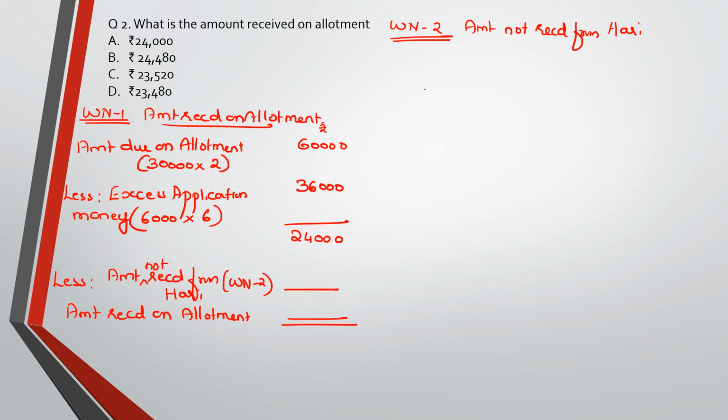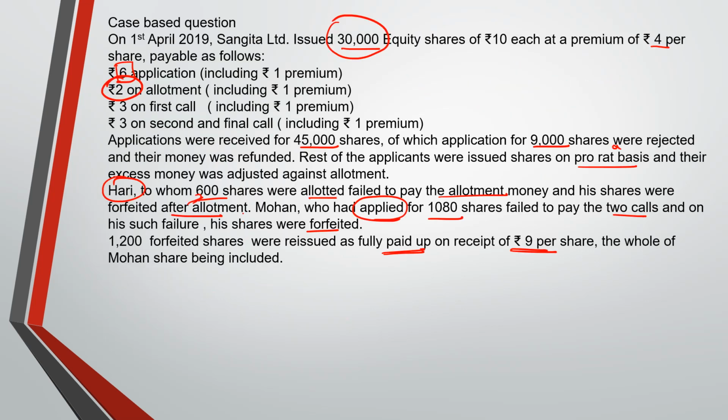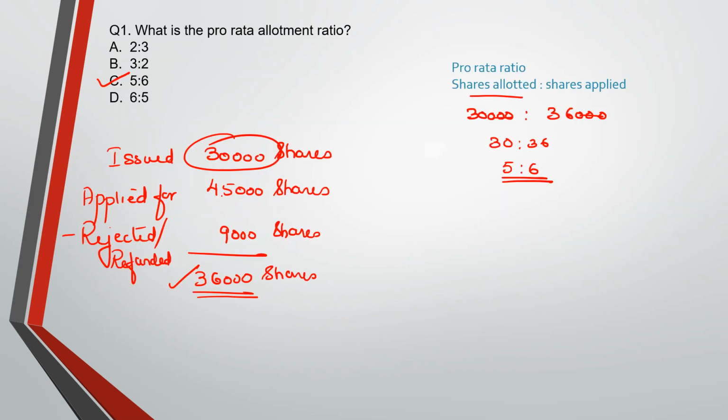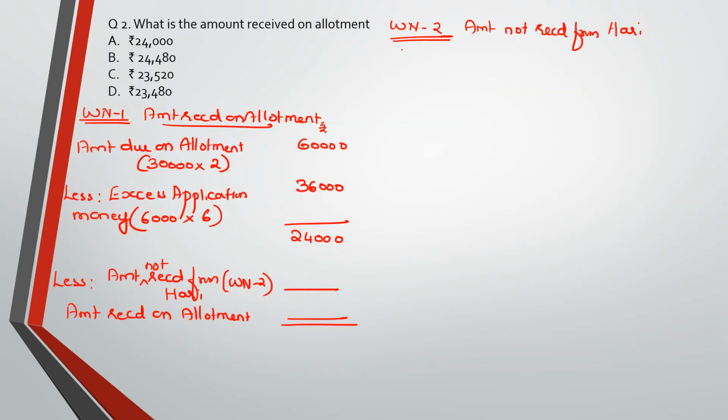Now, in respect of Hari, the detail that we have is he was allotted 600 shares and he failed to pay the allotment money. How many shares he had applied for, we have to find out. Now, 30,000 shares were allotted to 36,000 applications.